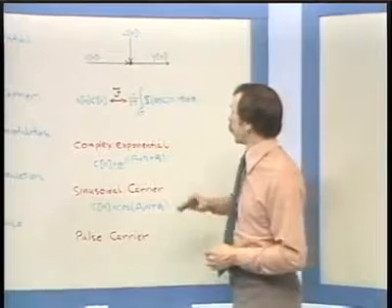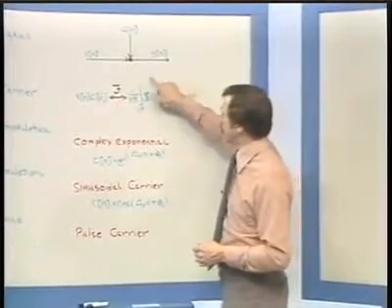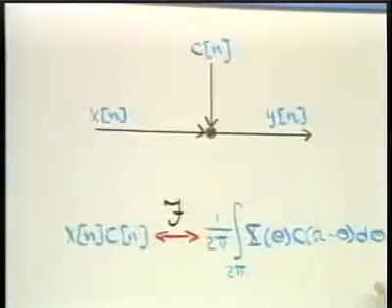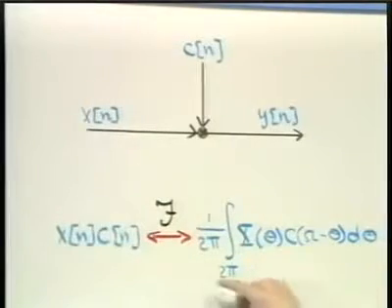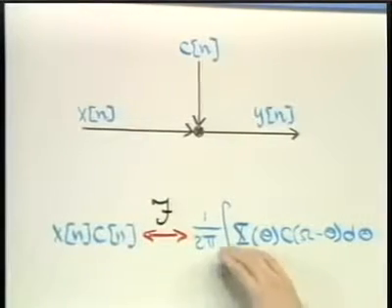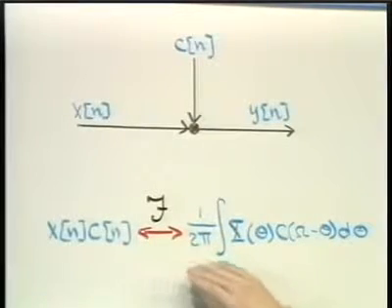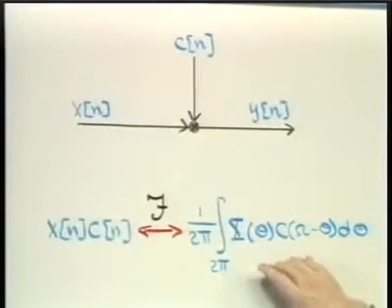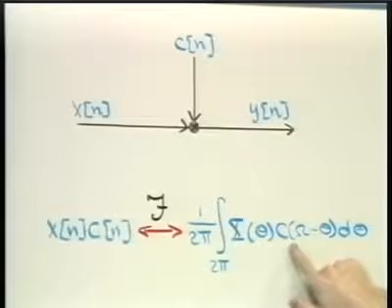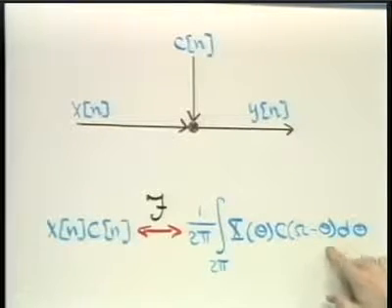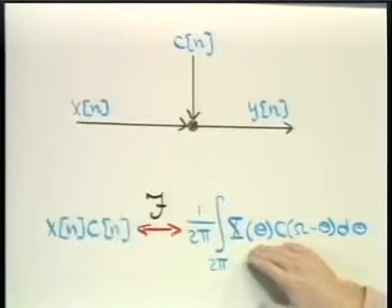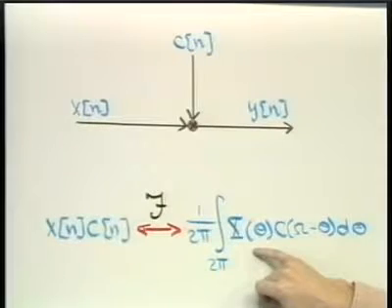In particular, what we have in discrete time is the modulation property as it relates to the Fourier transform, which tells us that the Fourier transform of the modulated signal is the convolution of the Fourier transform of the carrier and the Fourier transform of the modulating signal.